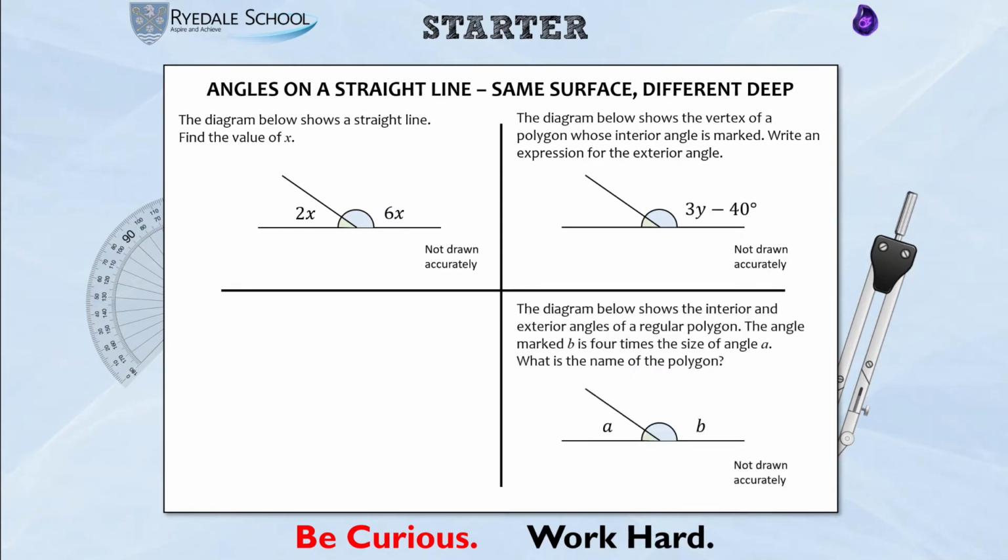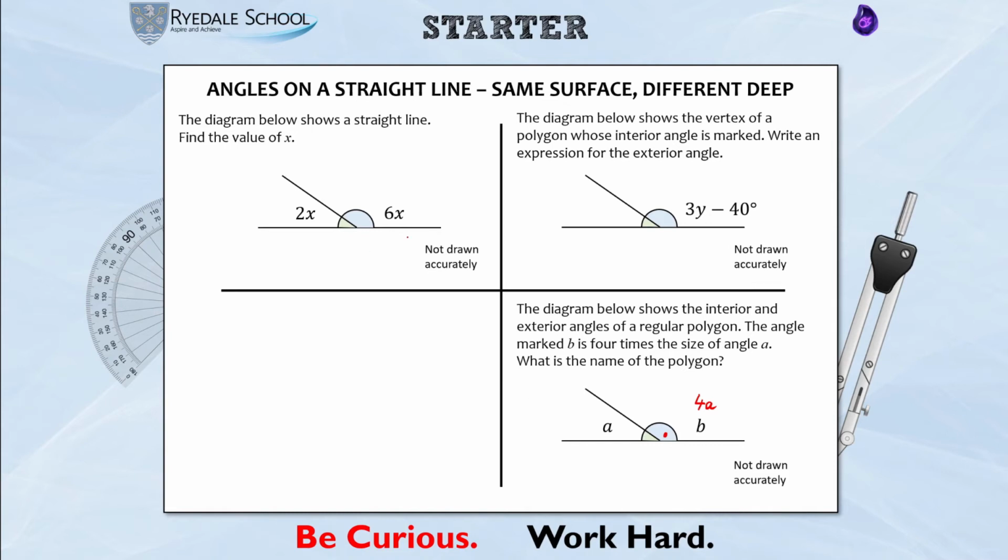Finally, looking at the bottom right, the diagram below shows the interior and exterior angles of a regular polygon. The angle marked B is 4 times the size of angle A. What is the name of the polygon? So then, angle B must be the interior angle, and we are told that angle B is 4 times the size of A. So I could also call that 4A.